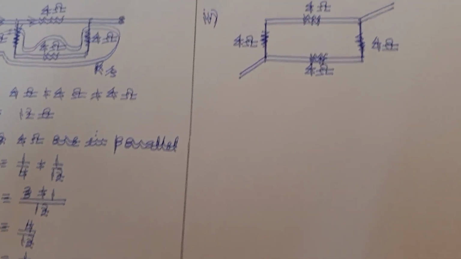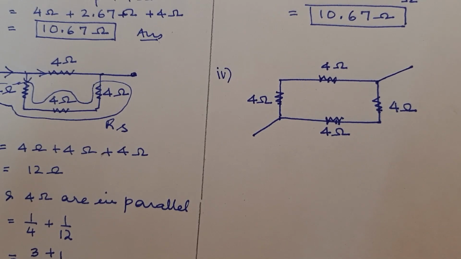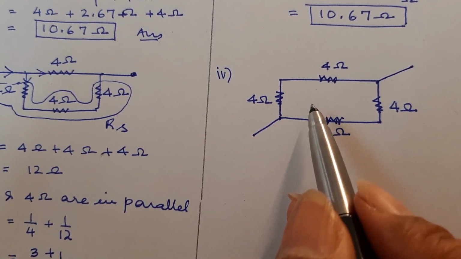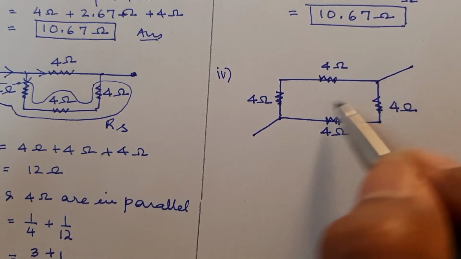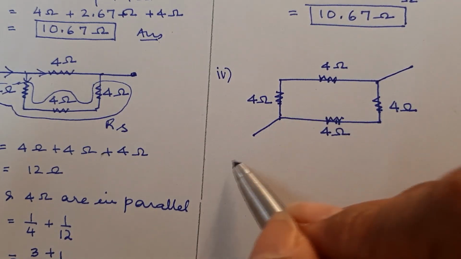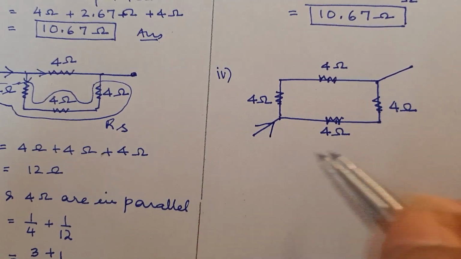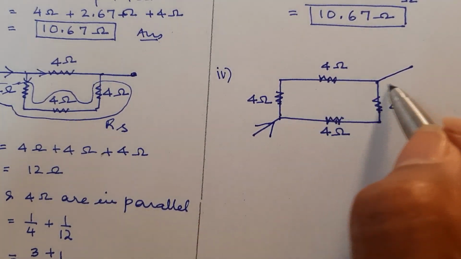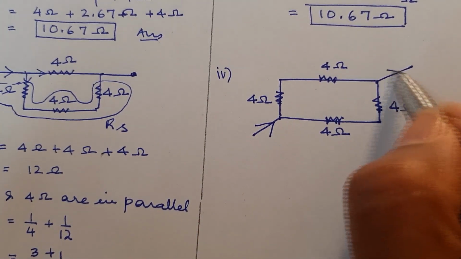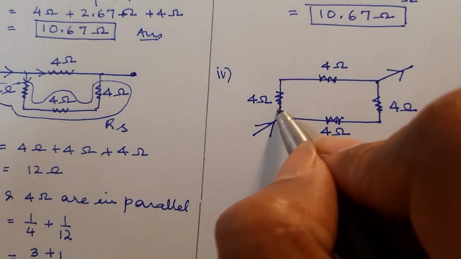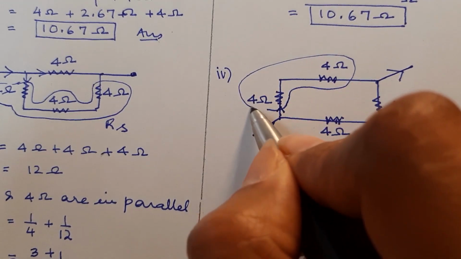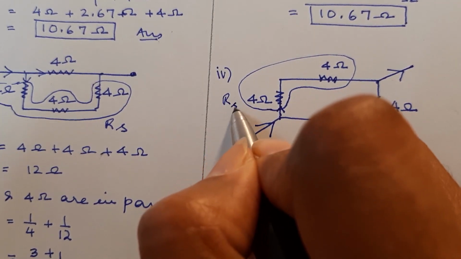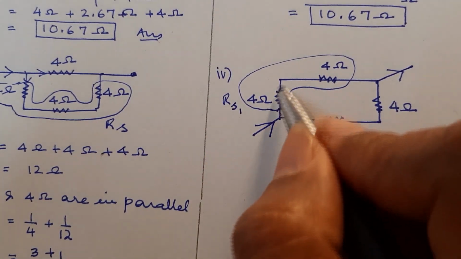Now, if you look at this diagram, it's exactly the same, except that the current is passing from here and coming out from here, or the other way. Let's do it this way. The current is passing, going through this branch and coming out. And so as it goes through this branch, how many resistors are here? This is one, which I'll call RS1, because they are in series.